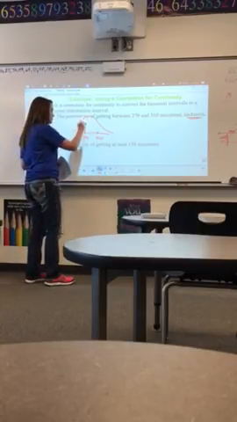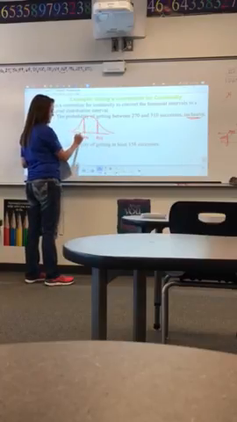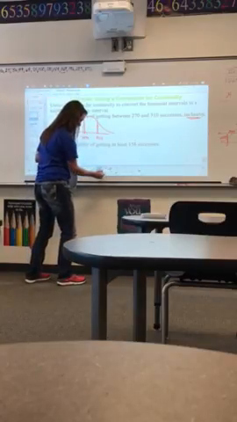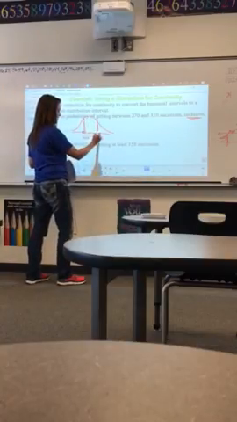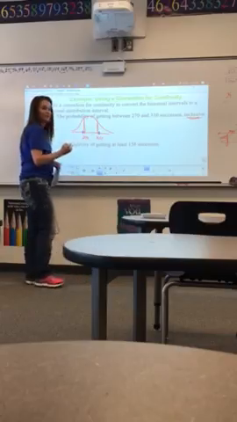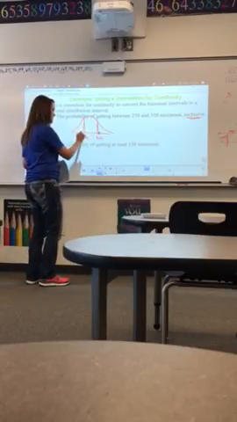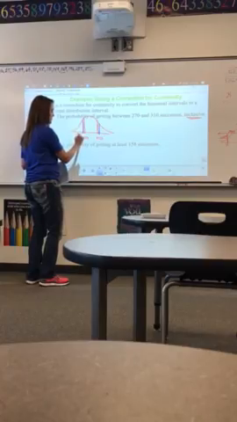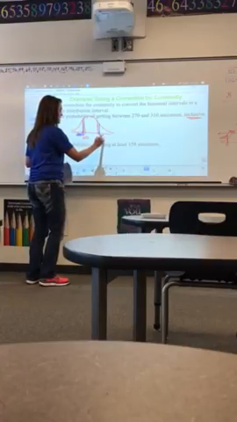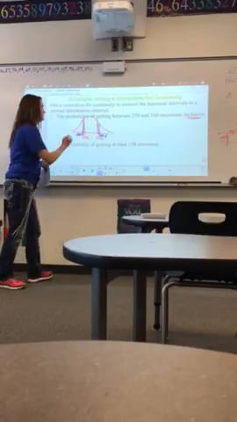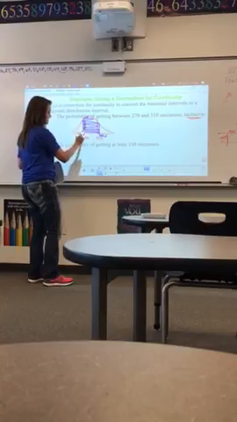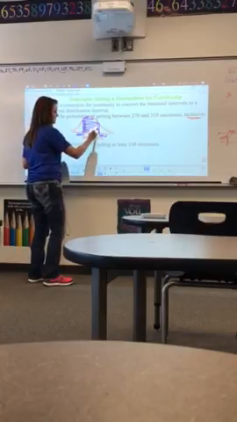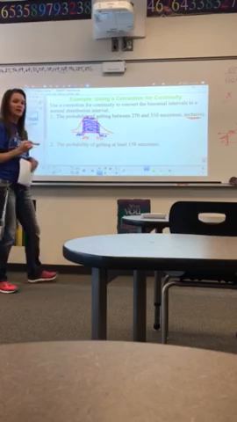If I want to include that and include that, I have to back up 0.5 this direction, and I've got to go forward 0.5 this direction to be able to include that 270 and to include the 310. So we're going from 269.5 to 310.5. That would include that 270 in there and include that 310 in there.